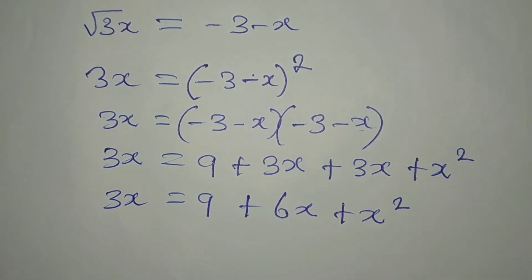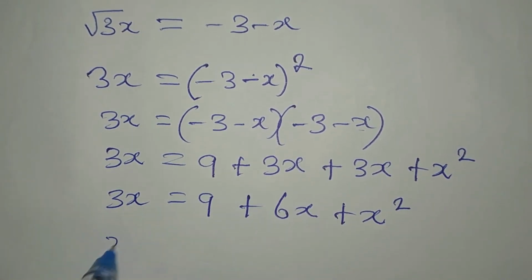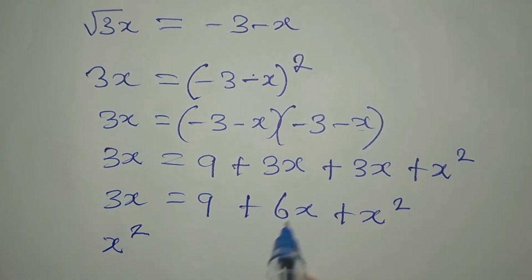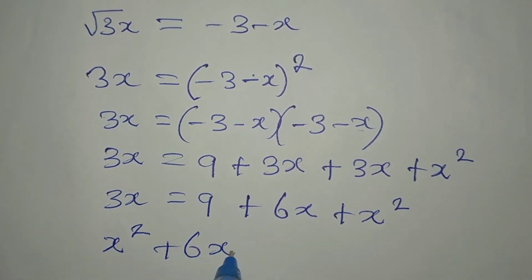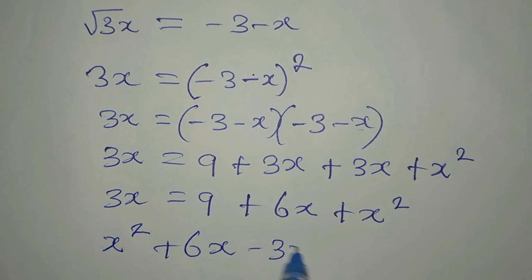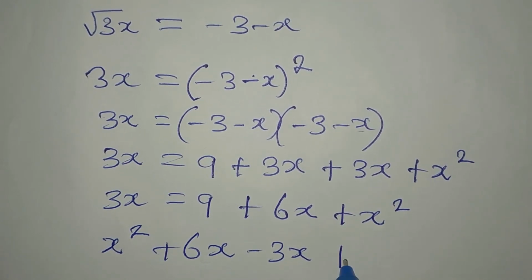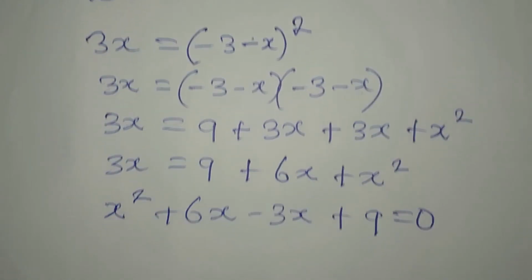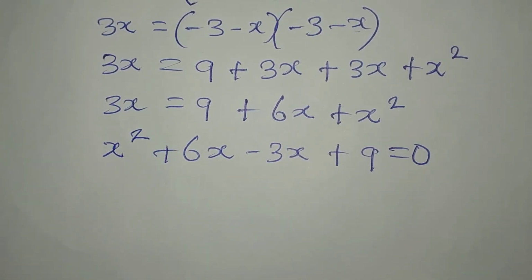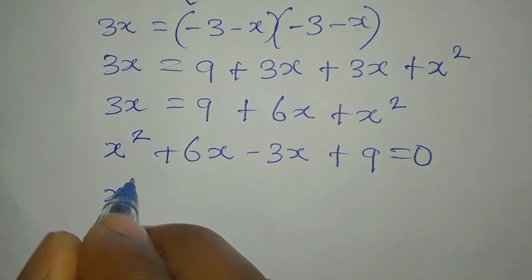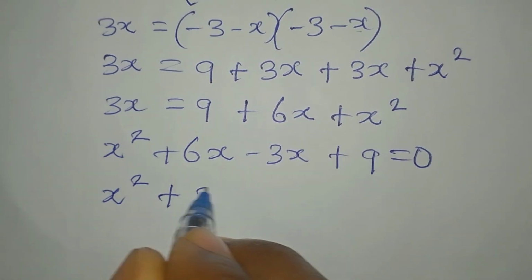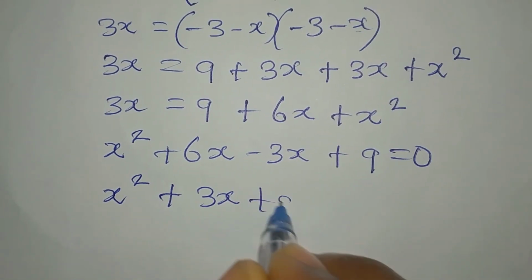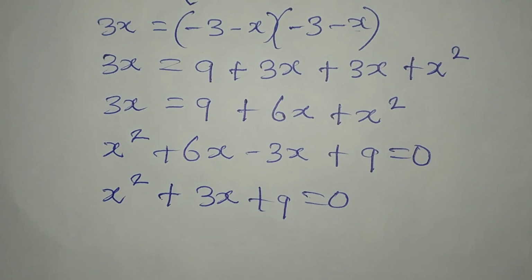The next thing is to rearrange in a better way, so I write x squared first. This is plus 6x. This is minus 3x because it's going to meet the others. Then we have plus 9, and this is equal to 0 because nothing is on the right hand side now. Now x squared plus 3x plus 9 is equal to 0.